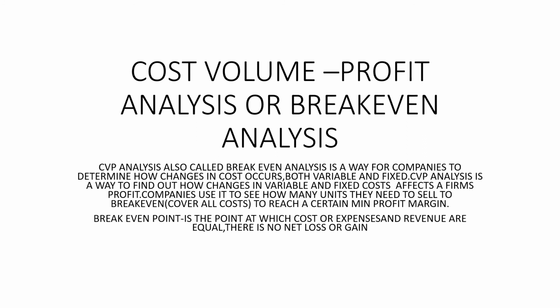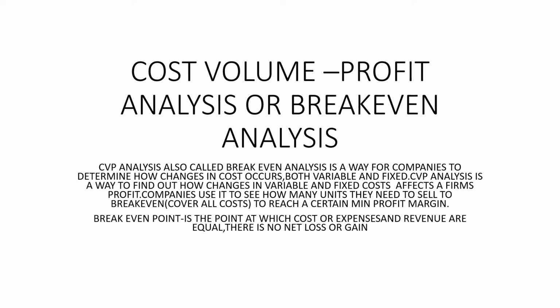Cost volume profit analysis or break-even analysis. It is done by all the companies. It's a very important profit making part for the companies, and it's one of the most important analyses being done by all the companies around the world.